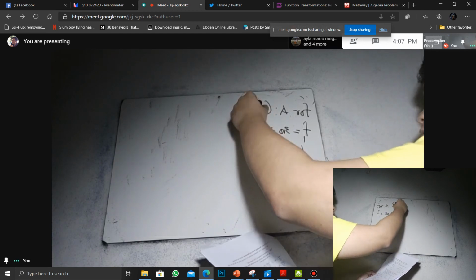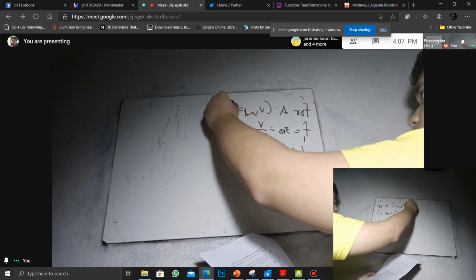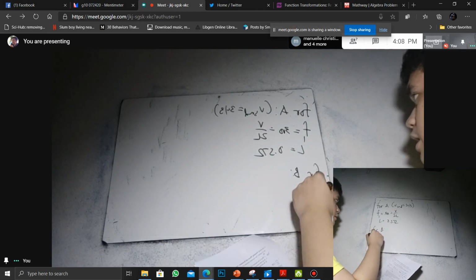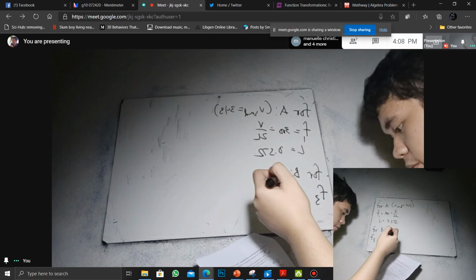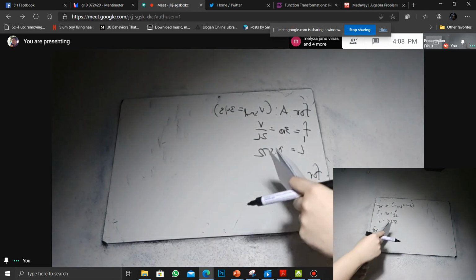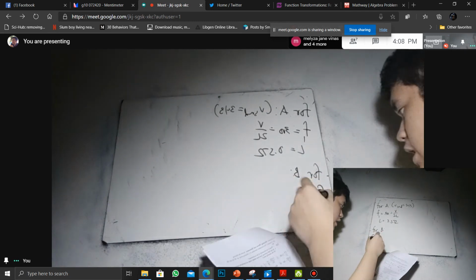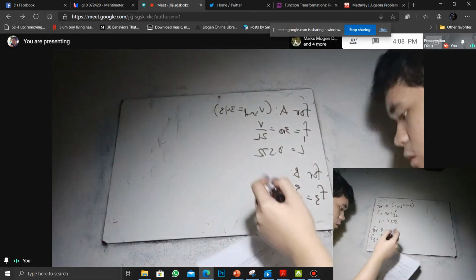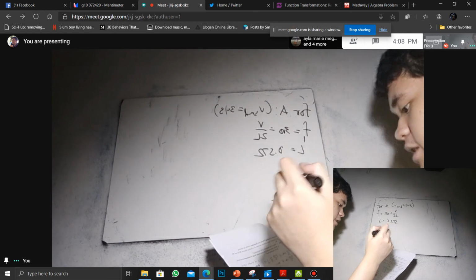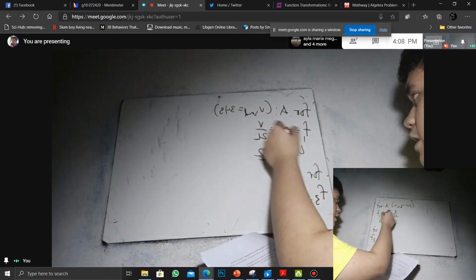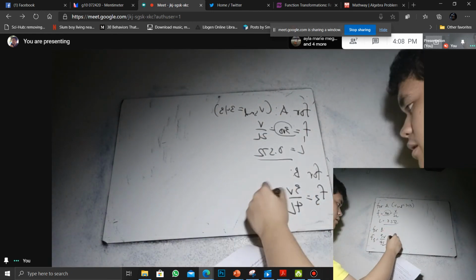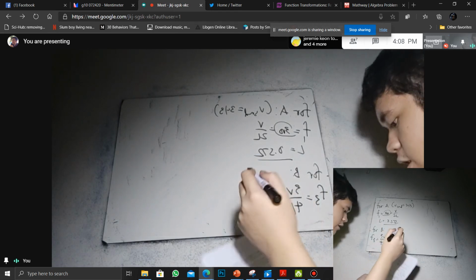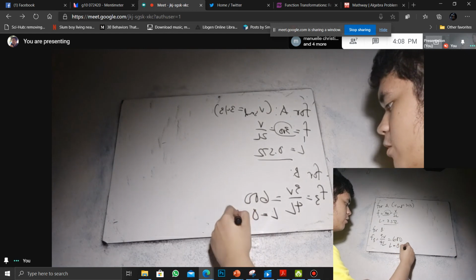V sound equals 343, no? For B, F3 at N equals 3, closed pipe siya, di ba? Closed pipe. So, 3V over 4L, kasi NV over 4L, di ba? Equals twice the fundamental frequency, no? Of this. So, 600. Solve for L, this is equal to 0.429 meters or 0.43 meters, no?